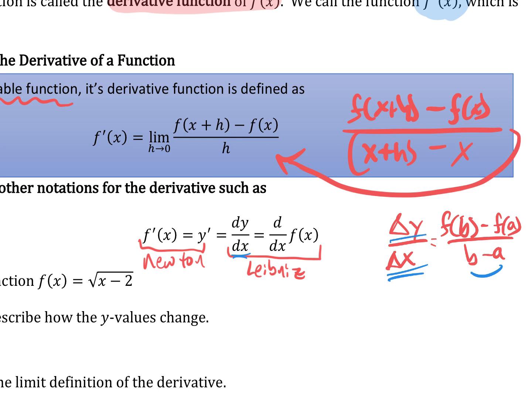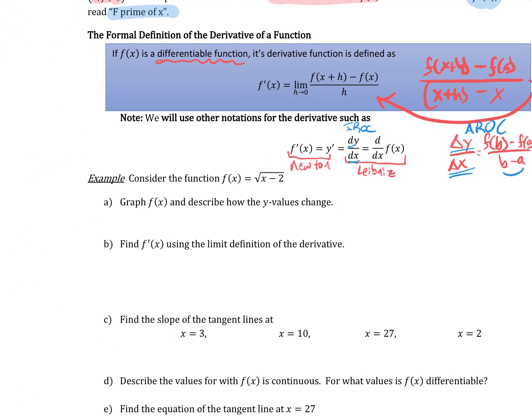And instead of delta y, we're going to write it as dy. So this is average rate of change, or AROC, and this is instantaneous rate of change. So that's the idea.